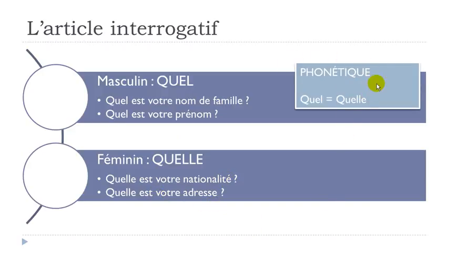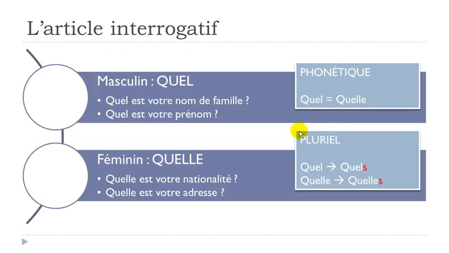Remember one thing for the phonetics, the way to pronounce them. Quel, masculine form here, will be pronounced exactly as the feminine form here. Quel. So only one sound. The second thing you've got to remember is that you can accord these articles with the word they are connected to. So if the word is at the plural form, then you will have to put the plural form.